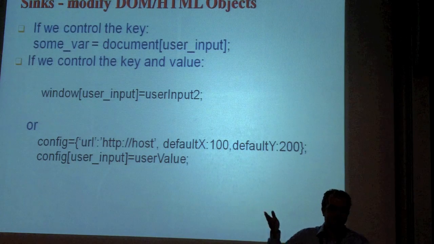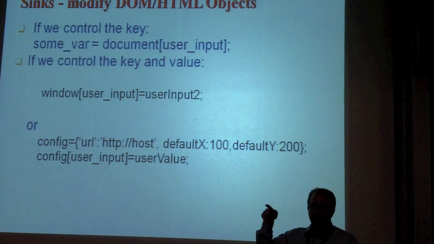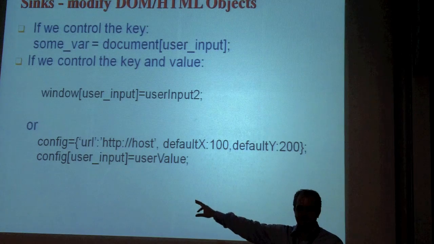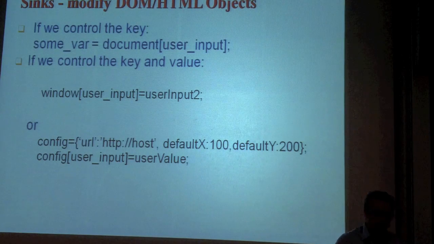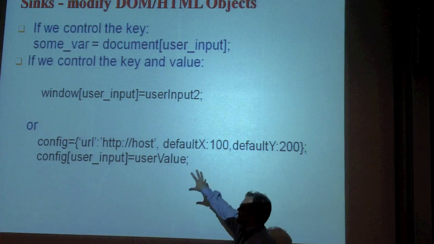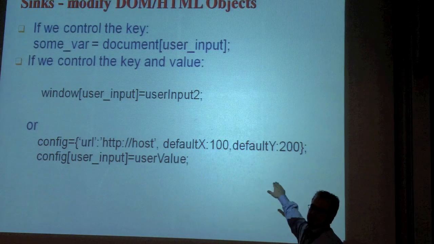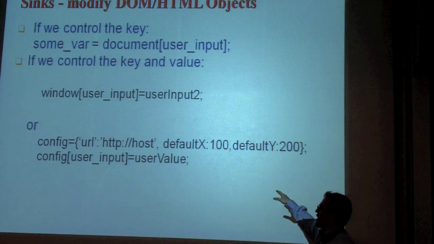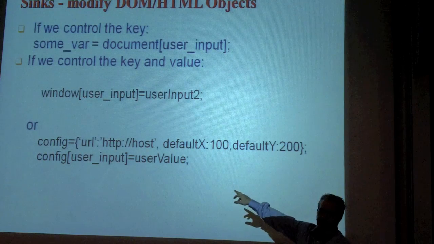In this case, what do you think about it? The key could be location, and the value could be javascript:, and so on. In that case, you actually have JavaScript execution. Also, there could be something like this: a native object with some default value that can be controlled in the key and in the value.